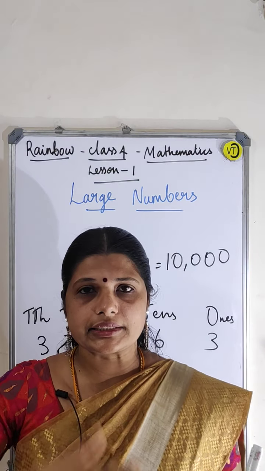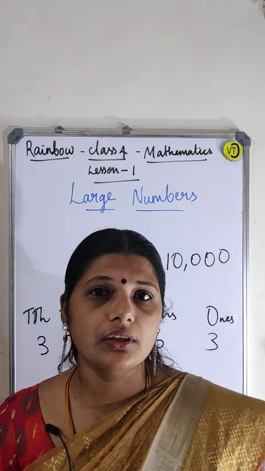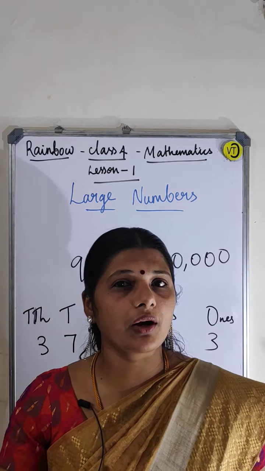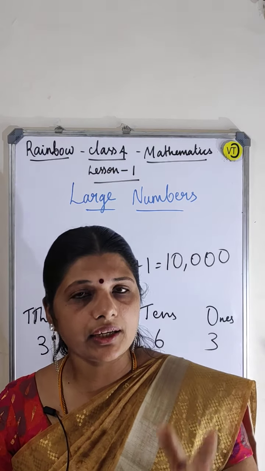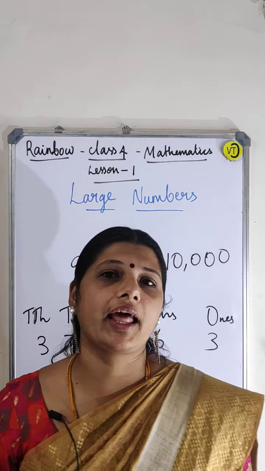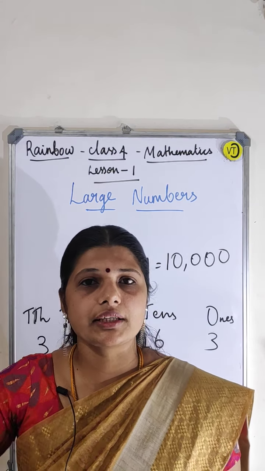Now come to the 6-digit number. So what about the 6-digit number? If you add 1 to the largest 5-digit number, you will get the smallest 6-digit number. See again, 99,999 plus 1 gives what? 1 lakh. 1 lakh has 5 zeros: 1, 0, 0, 0, 0, 0.